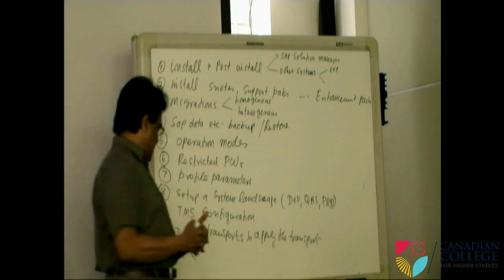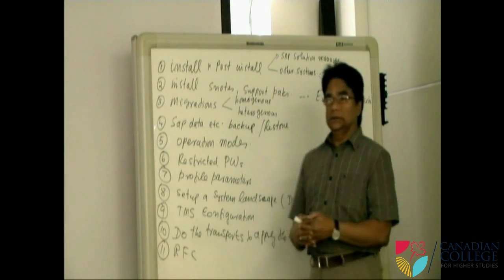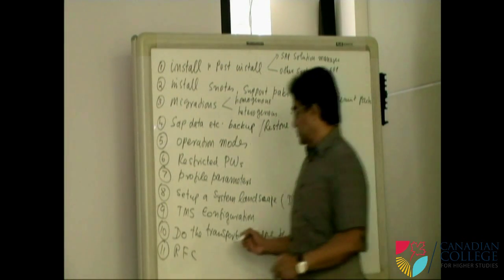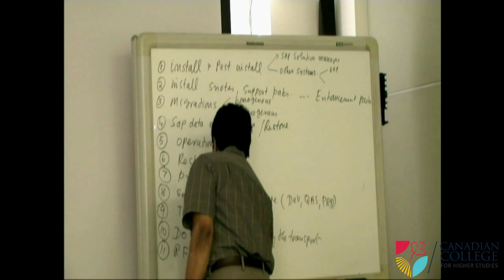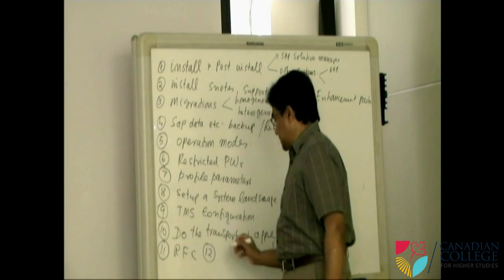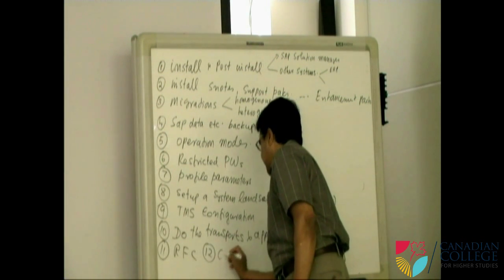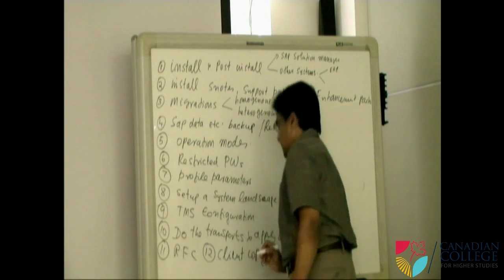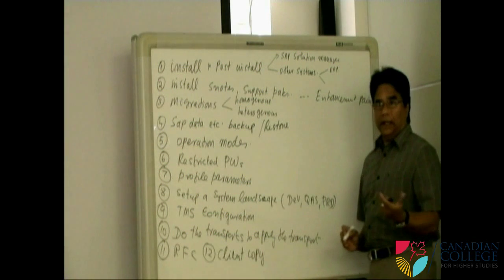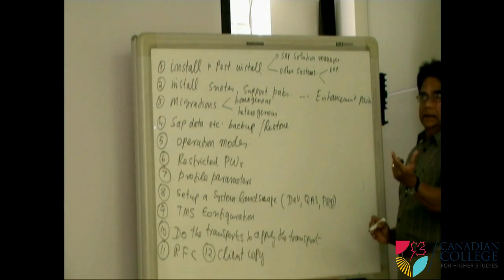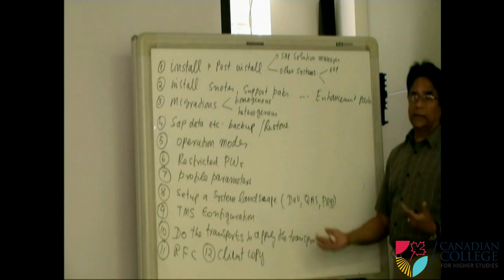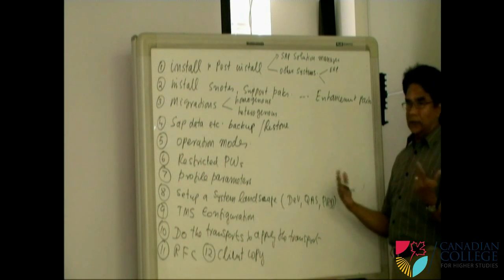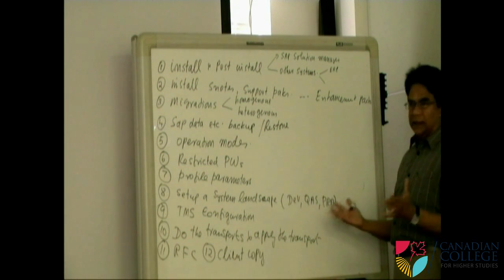So that is RFC, remote function call. And then also some other functions which I have to do, setting up client copy. At the beginning I have to copy from an existing client, the production client, or maybe make another copy of the production client. Those are also part of configuration.